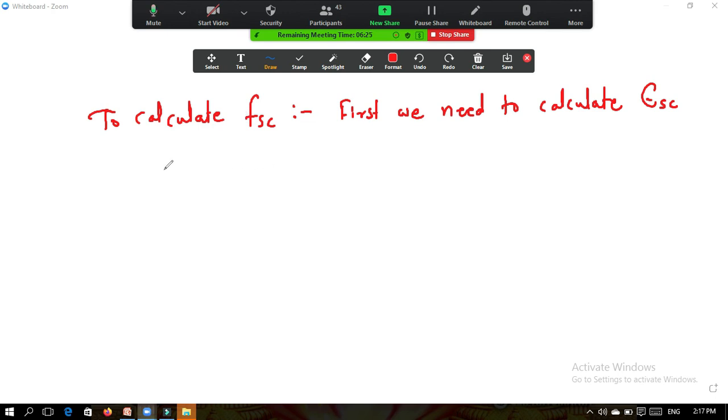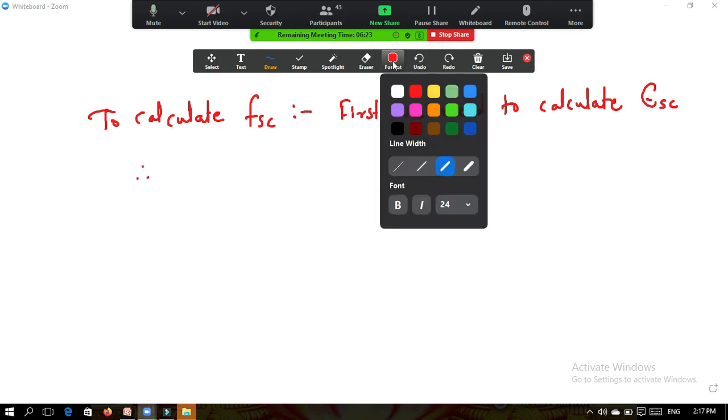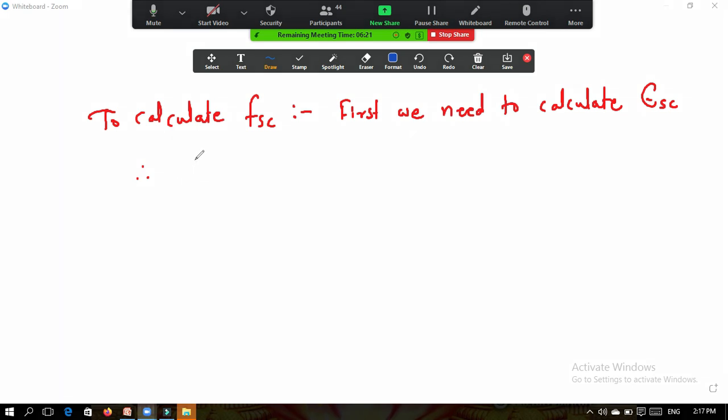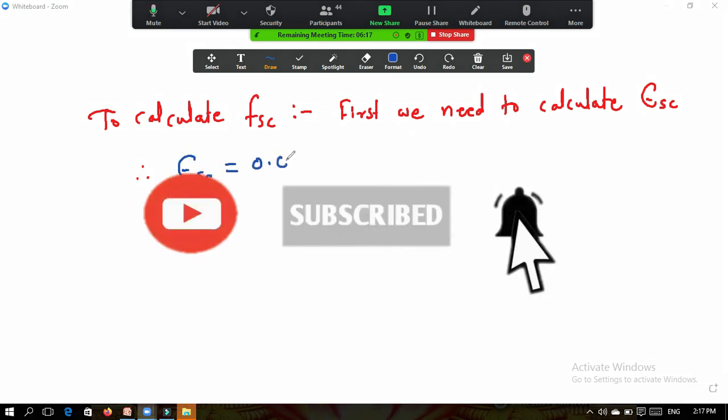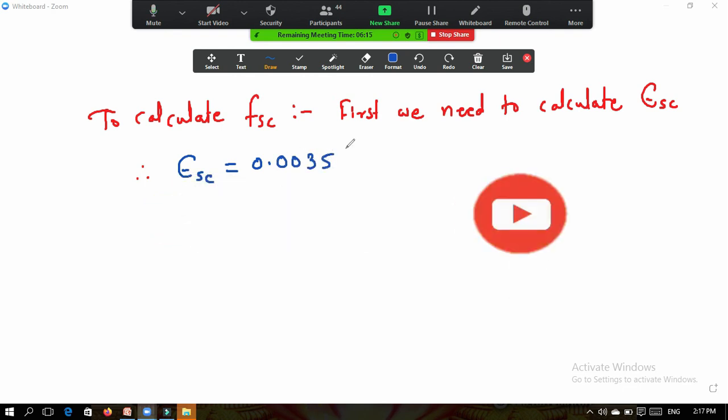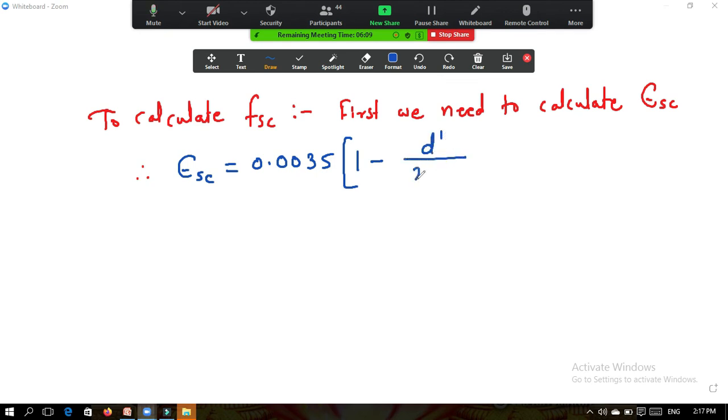So to calculate the strain, epsilon SC is equal to 0.0035 in bracket 1 minus d dash upon XU max. So if you put the value, you will get the answer.